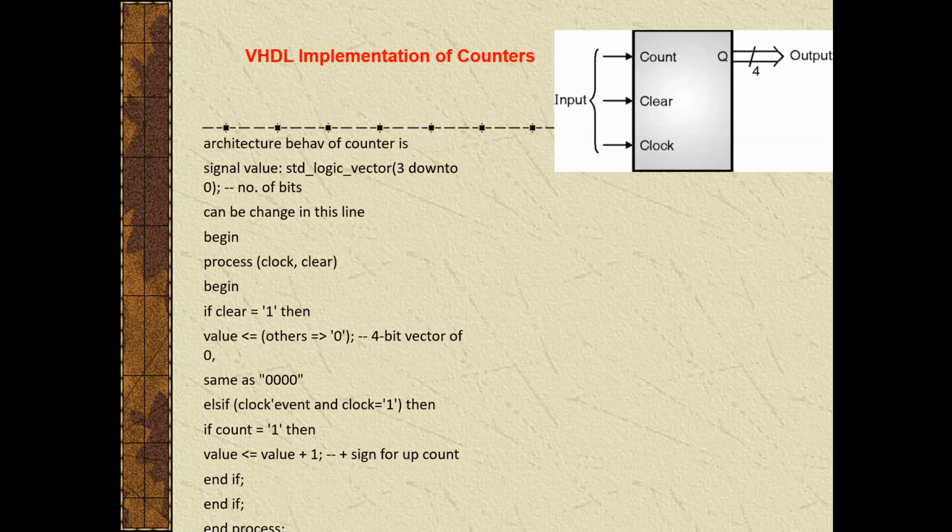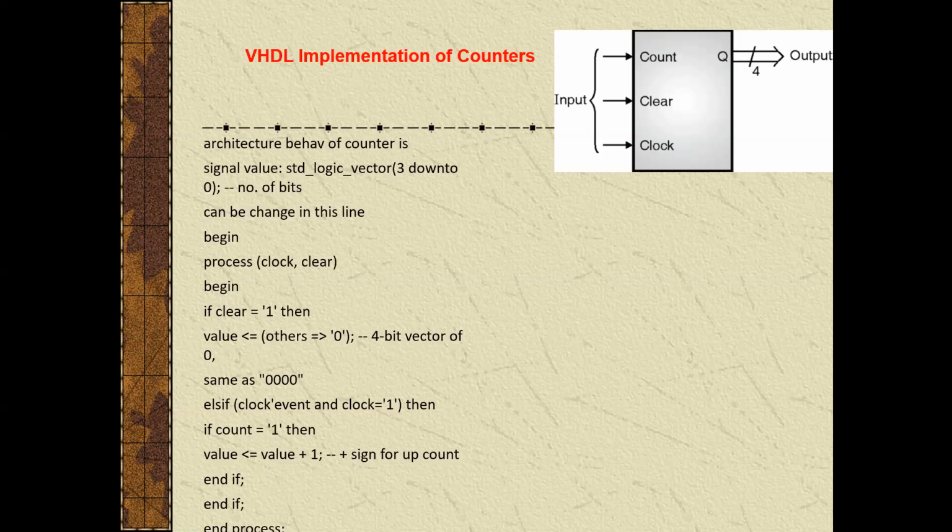If that condition is not satisfied, we come to the else, where the clock event is high, and if count is 1, the value increments by 1. We write end if for both, and end process. Finally, q is assigned the value stored in the variable value.